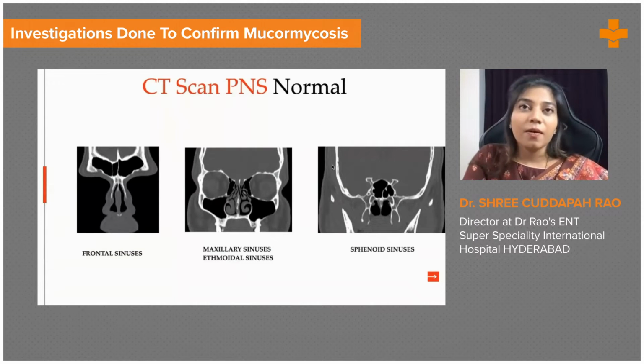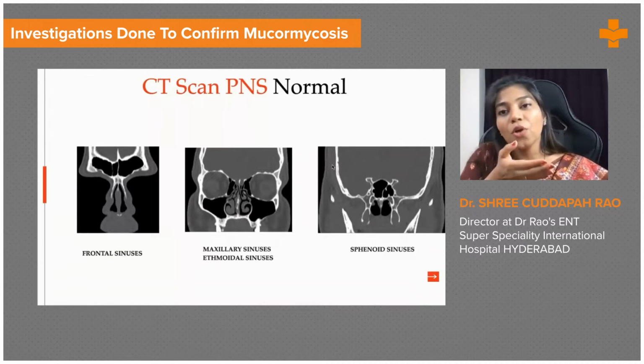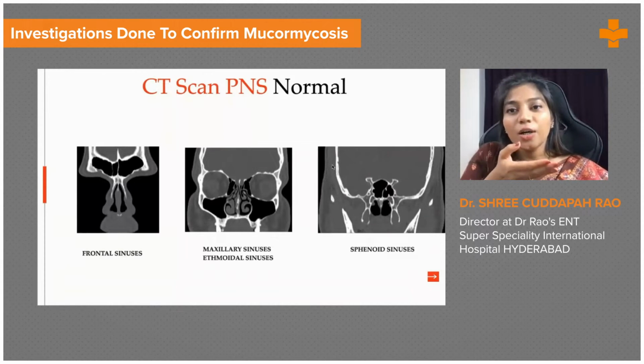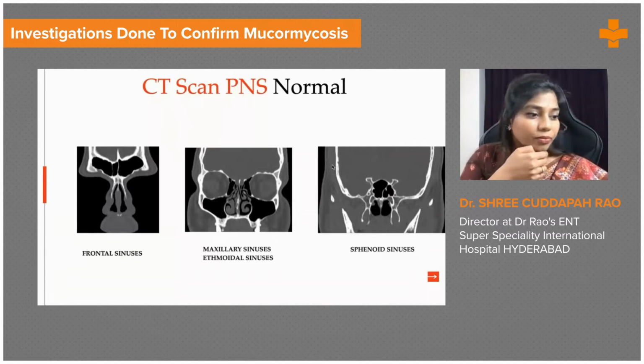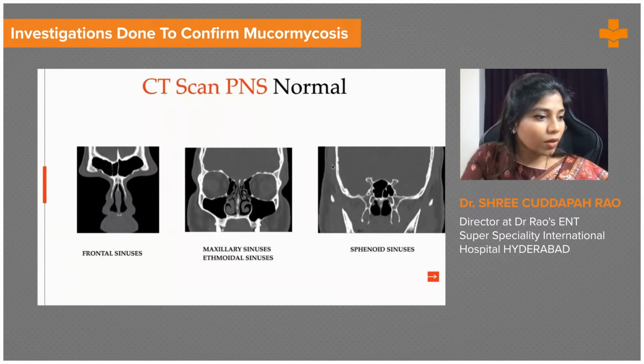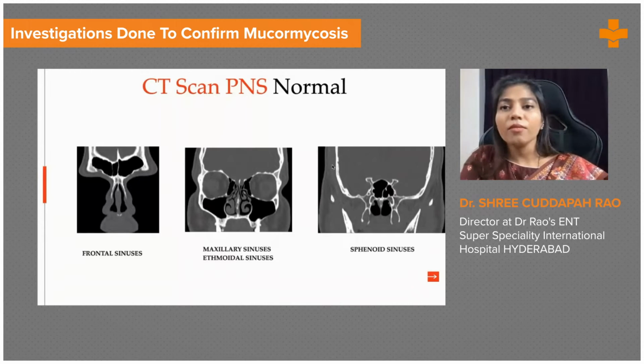So once again, before I show you how a diseased CT scan looks like, because this is a shadowing session, let me show you how a normal CT scan appears to be. So these are the CT scan images of a normal person.